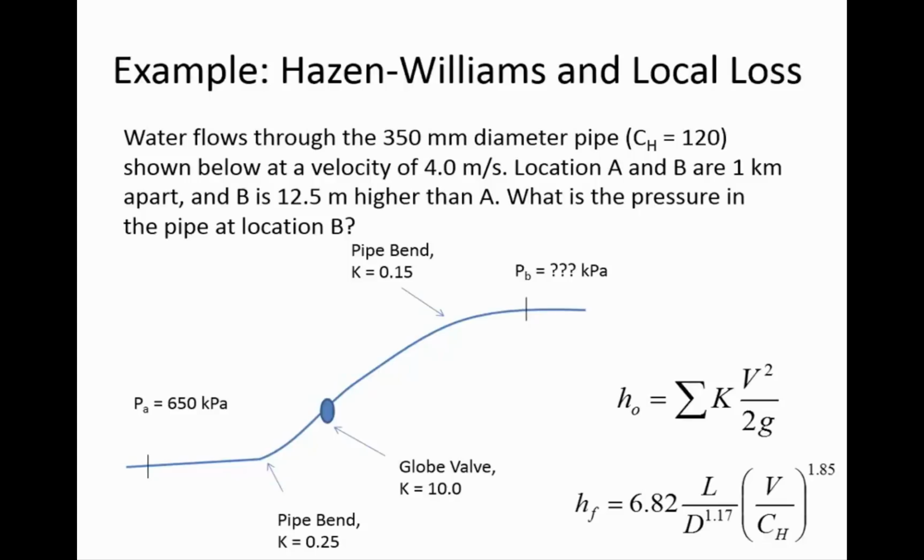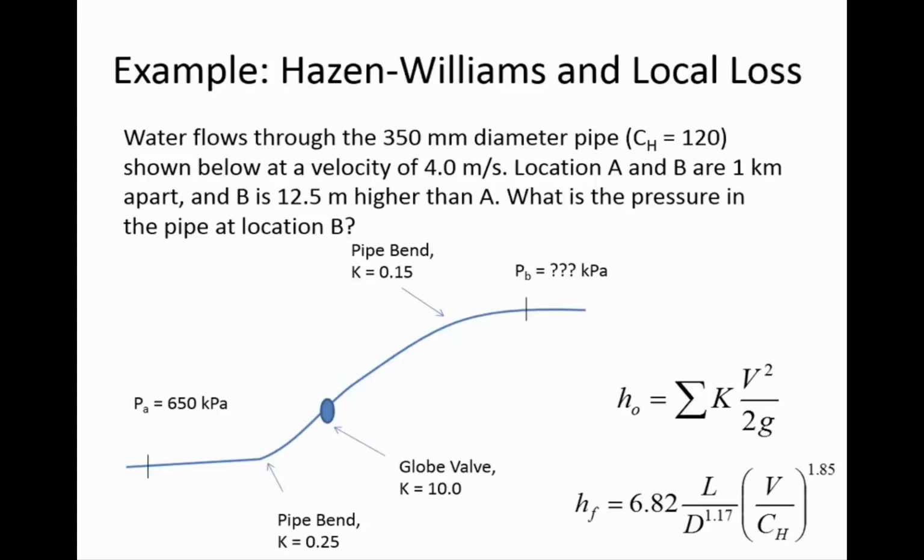But we do have local losses and energy losses. So what you're going to do is use the local loss equation along with all of the K values that are specified along the way. It looks like there's 3 different fittings, a pretty sudden pipe bend, a globe valve, and then a more gradual pipe bend with a lower K value. So you'll need to calculate the velocity head inside the pipe, because the diameter of the pipe is the same through all of those.